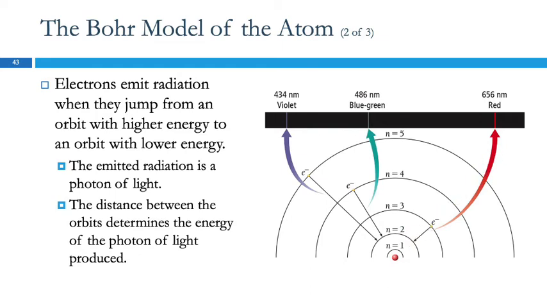There are no lines in between here because there's no place between n equals 3 and n equals 4 for an electron to be. So you can't have a different transition. Those are the only transitions that are possible right there. So from the wavelengths of the light, we can find the difference in energy for the orbits.